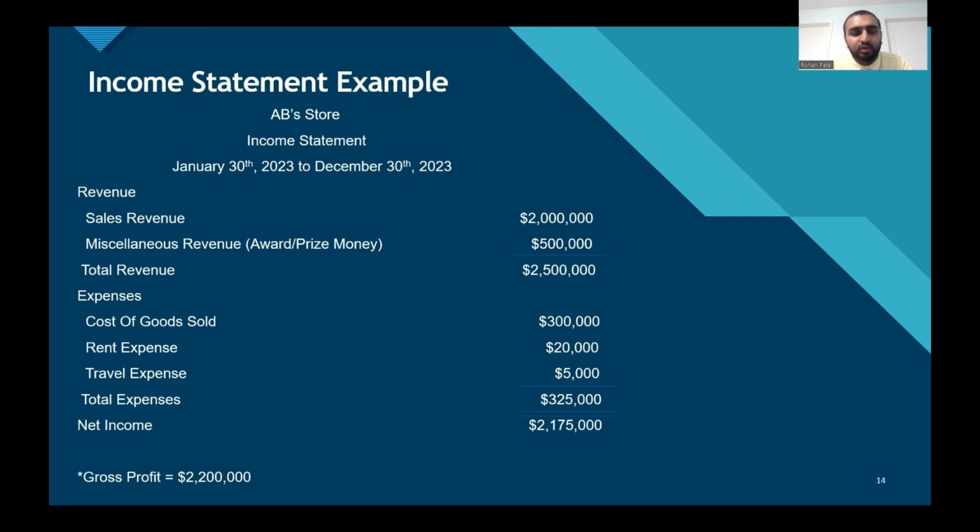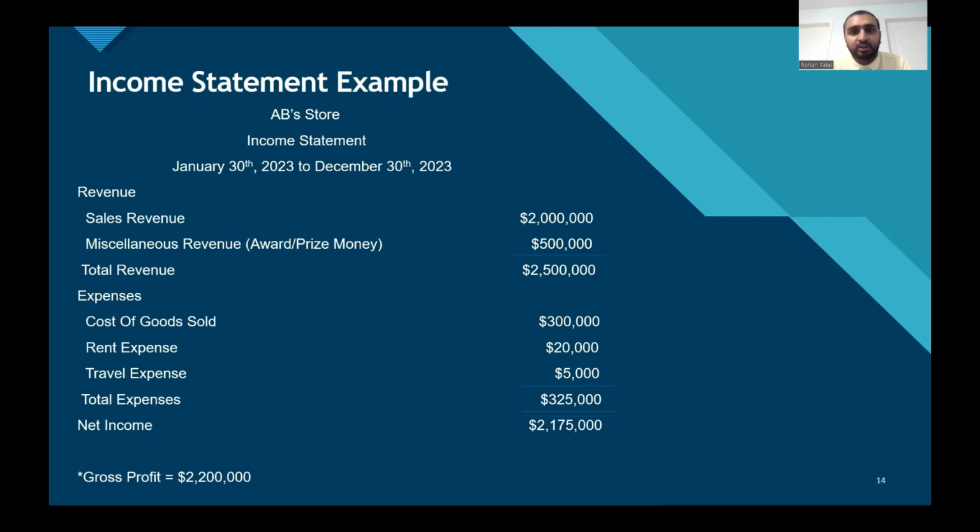And now we do also the total revenue minus the cost of goods sold, which is on the bottom left in the asterisk, and the gross profit is $2.2 million, right? We subtract the $2.5 million total revenue minus the $300,000 cost of goods sold, and that gives us the $2.2 million gross profit. And now all other expenses.